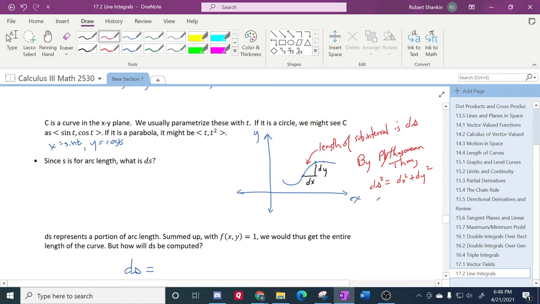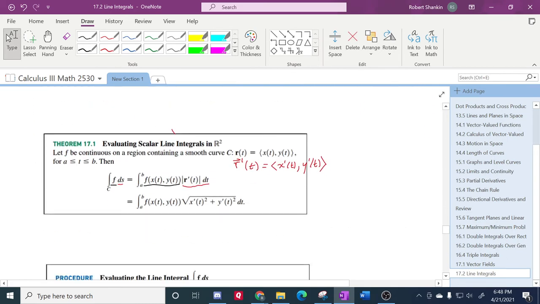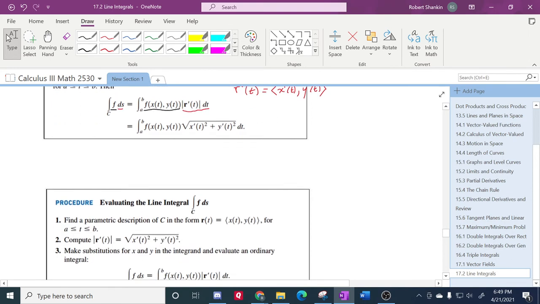And then ds is the square root of dx squared plus dy squared, which is kind of what we wind up seeing over here in slightly different formats. All right, so this gets us the arc length. And let's go to the next part.